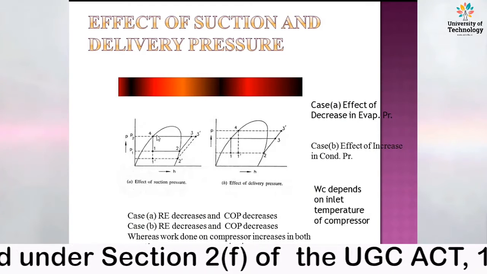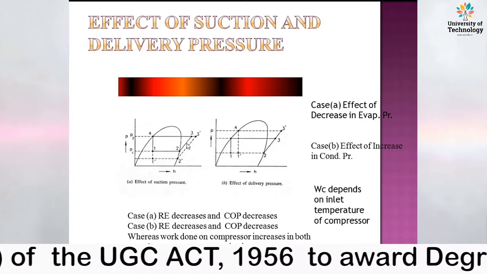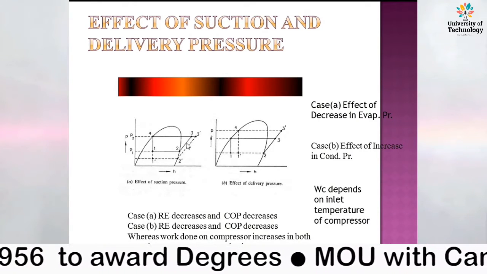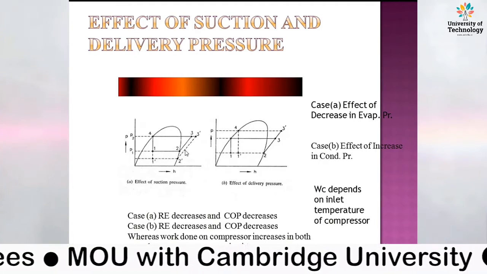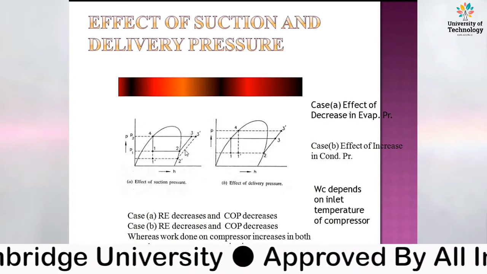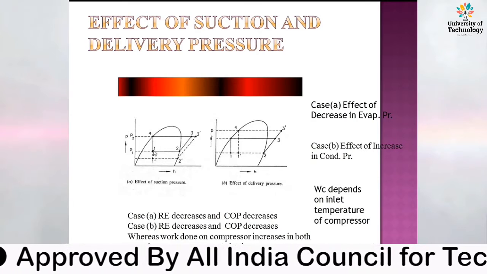Now 2 to 3 in this figure is the compressor work. By reducing the suction pressure or evaporator pressure, the process 2 to 3 changes to 2 dash to 3 dash. Therefore the compressor work increases, because S3 dash minus S2 dash is greater than S3 minus S2.